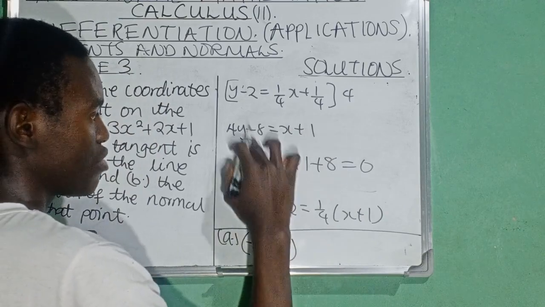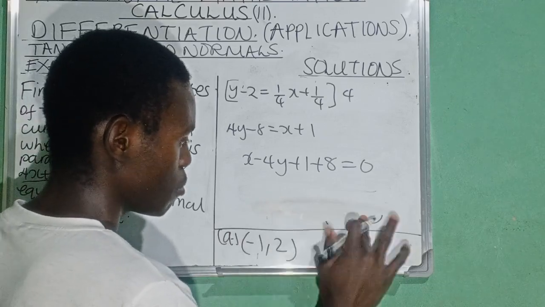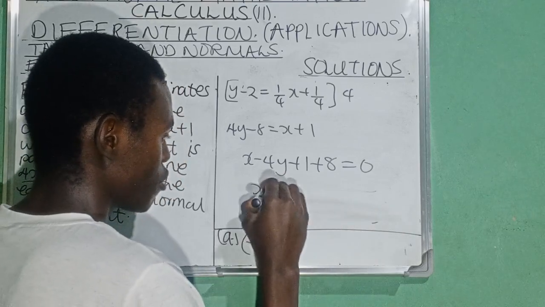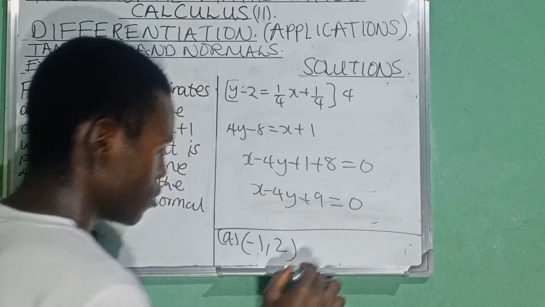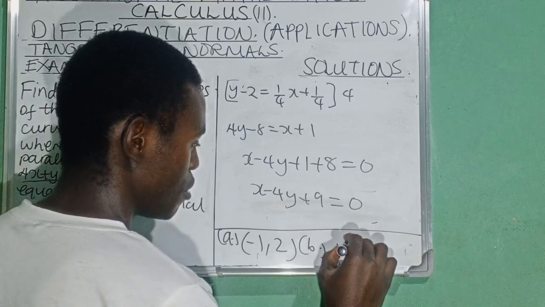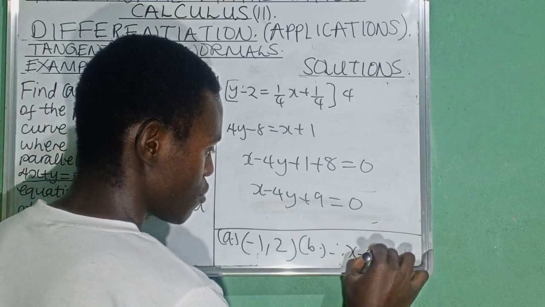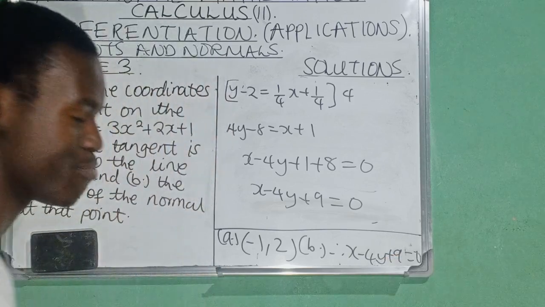So the 8 will go that side, the 4y will go that side, the 8 becomes positive, the 4y becomes negative. So it's going to be x minus 4y plus 9 is equal to 0. So the equation to the normal, therefore, will be x minus 4y plus 9 is equal to 0.